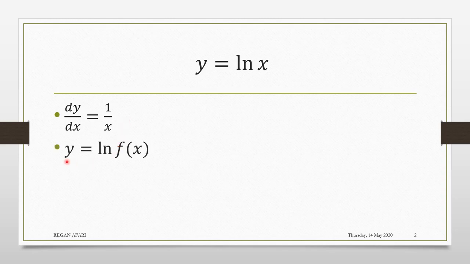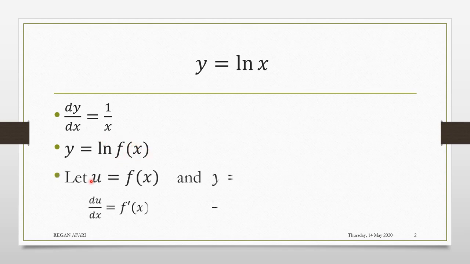So consider y to be equal to ln of f of x. Then you let u be equal to the inner function, so let u be equal to f of x. If that is the case, then y will now be equal to ln u, because f of x has become u. Then we differentiate both u and y, so that will be du dx, which should be the differential of f of x.